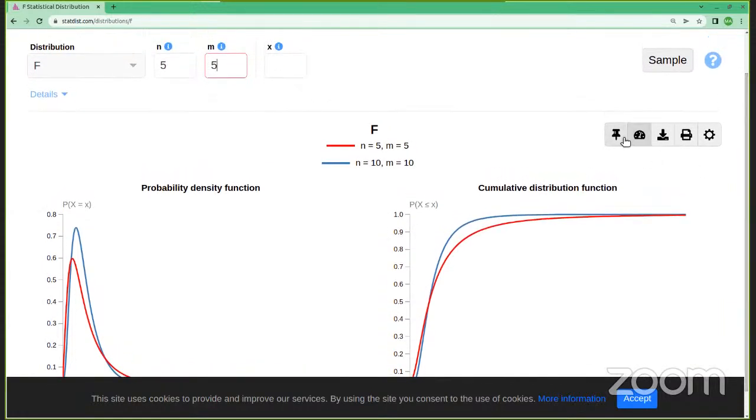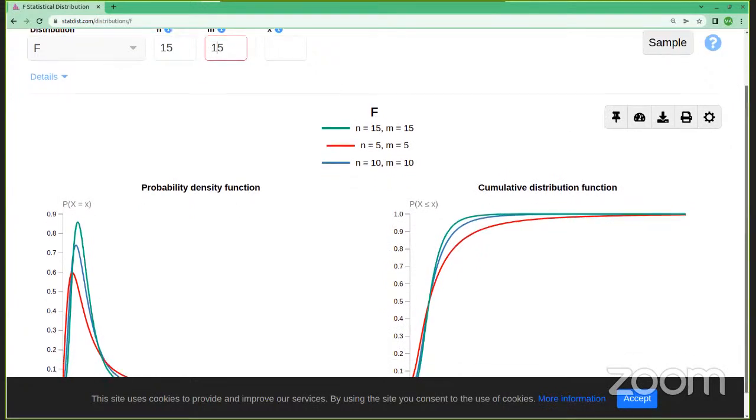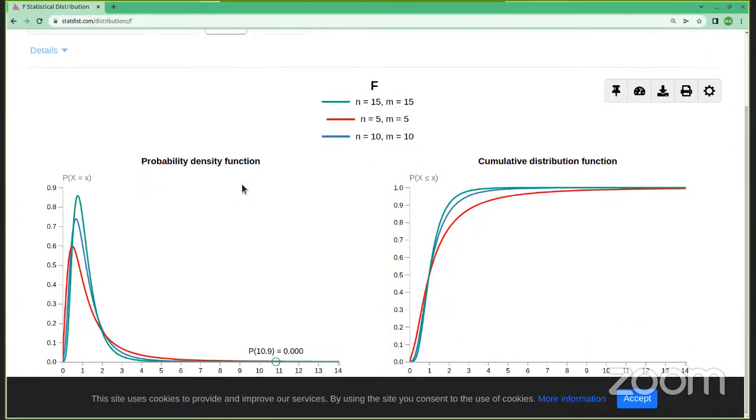So maybe I can give you one more. Maybe 15 and 15. See this thing. This blue curve is representing the F(10, 10) distribution.